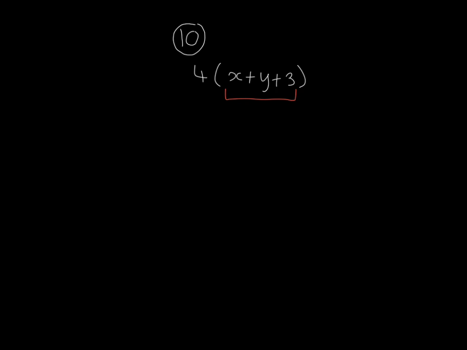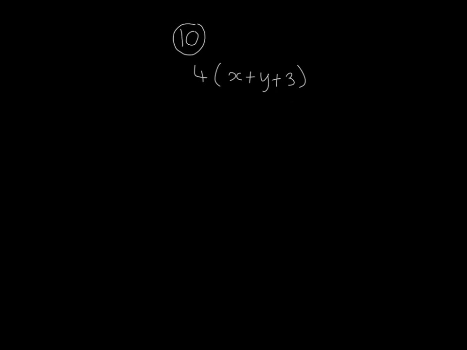So if we have a look at the first term, x, we can see that there are no other terms inside of the brackets which have the variable x, so we leave it alone. We then have a look at y, and we see that there are once again no other terms inside of the brackets which have the variable y. Lastly, we have a look at the constant term 3, and we see that there are once again no like terms. So we in fact cannot add any of the terms inside of the brackets.